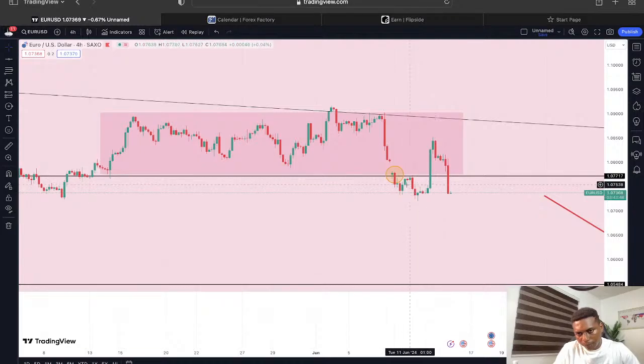However, the CPI news came and changed the game as of yesterday. As of today, when the market opened, the market started correcting back.